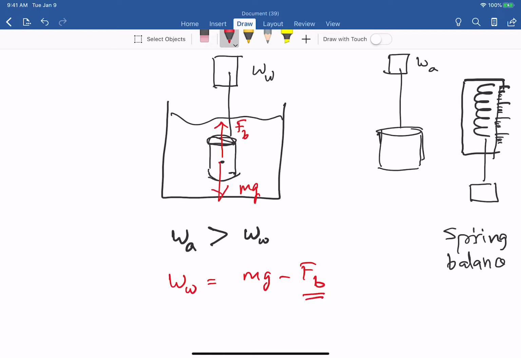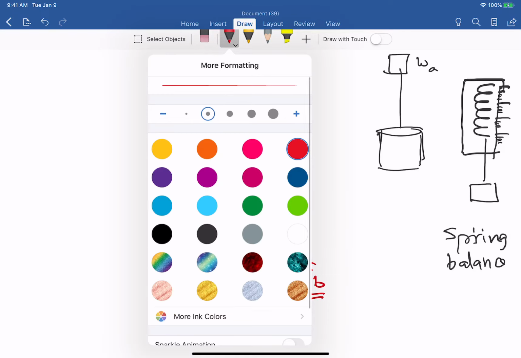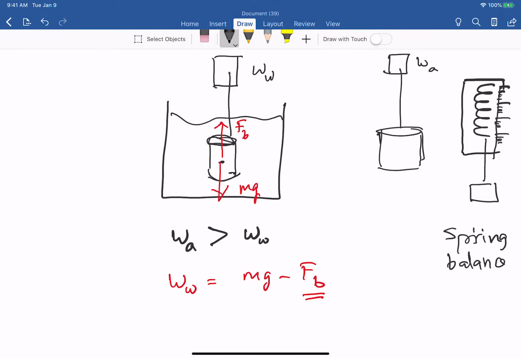All right, now let's talk about this buoyant force. Where does this buoyant force come from, and why is it upwards? The easiest way to understand that is to just think in terms of a regular shaped object. That's why I made our object regular shaped, though the same logic applies if the object is not regular shaped.